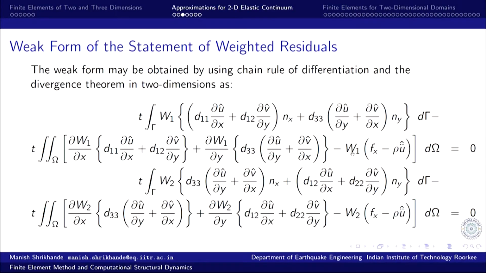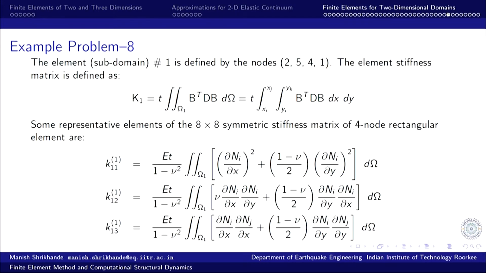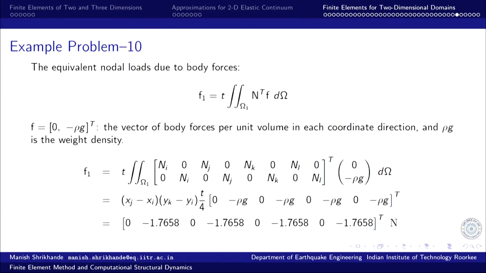It is simply f x, the x component of the body force, evaluated over the domain integral. This is what the nodal forces will look like, the evaluation of nodal forces. The weighting function multiplication is represented by N transpose f, where f is the vector of nodal forces.